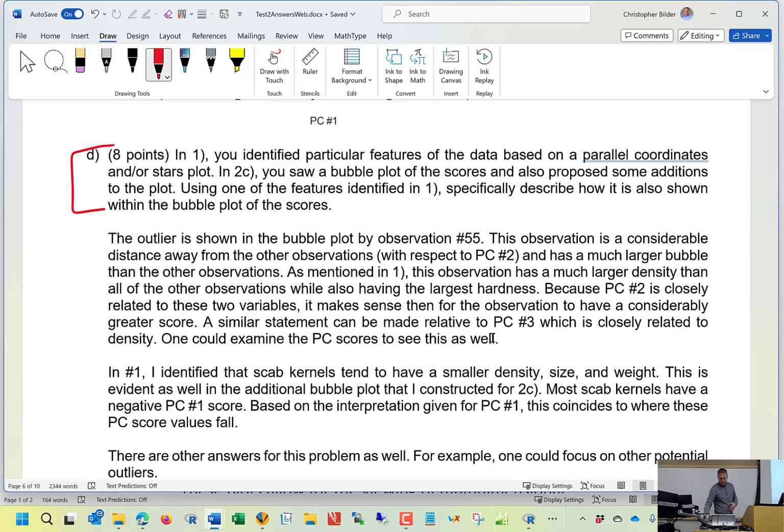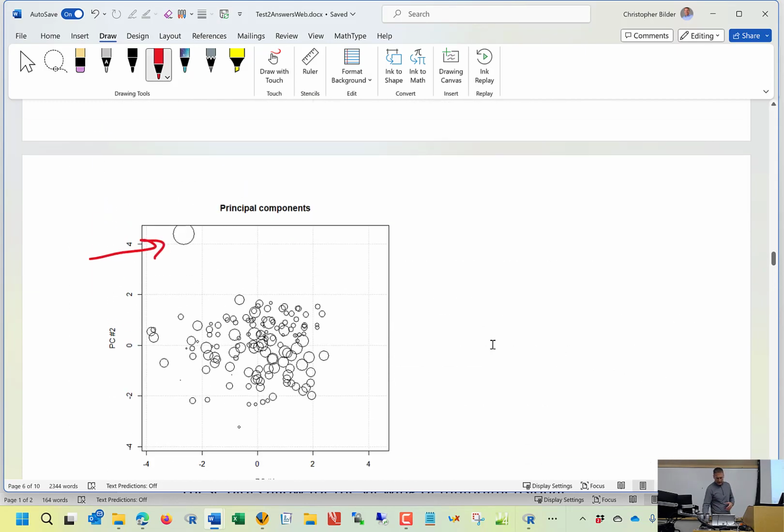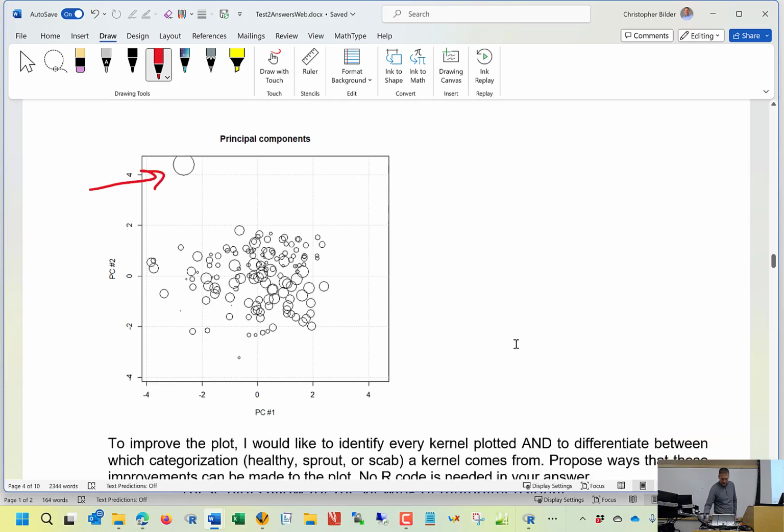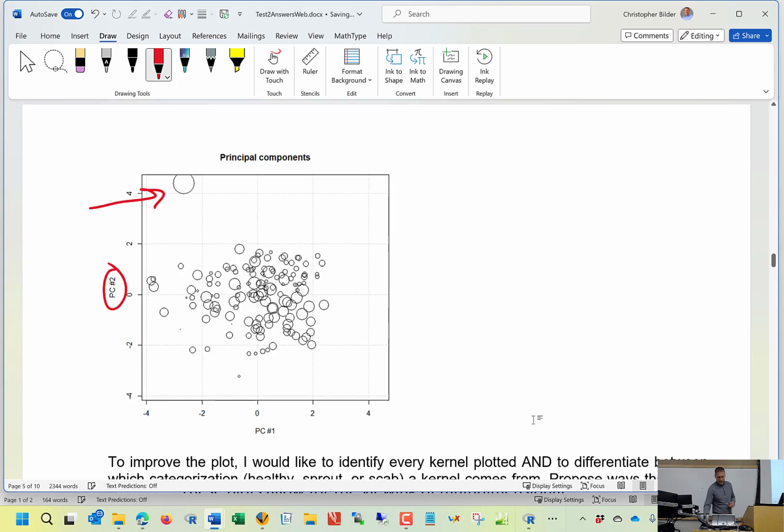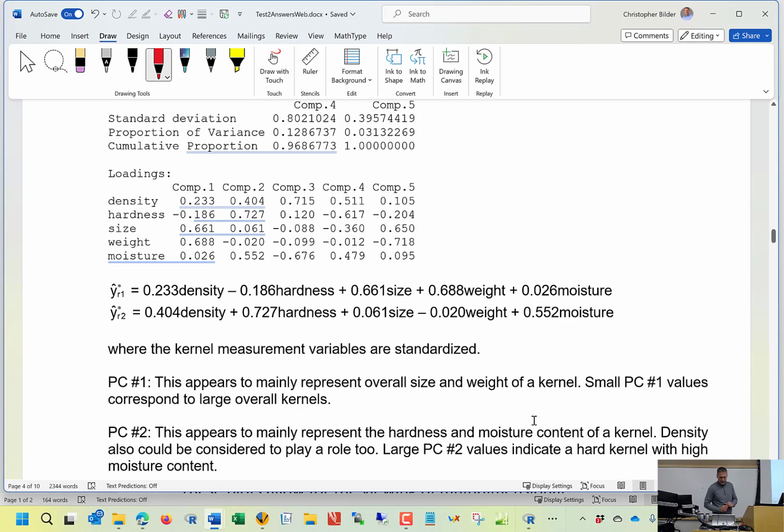With this plot here, that feature that I have the arrow pointed to really stands out. You might be thinking, if something stands out that much, how can that be represented in the parallel coordinates plot? Well, that gets into understanding this has a large principal component number 2 value. In order for principal component number 2 to have a large value, I need to have a large density and a large hardness.